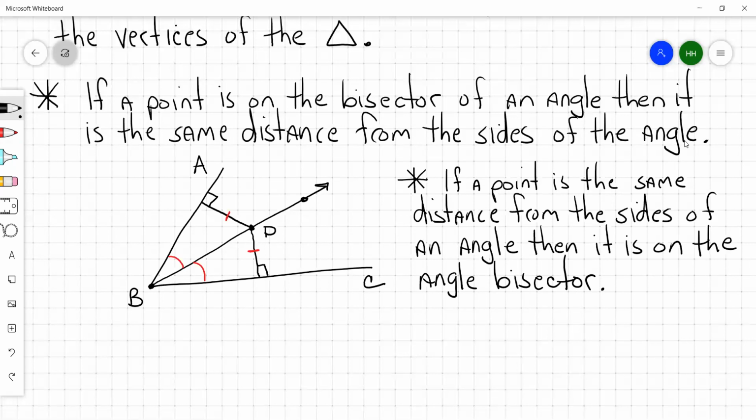So if you see a point on a ray and the point is the same distance from the sides of the angle, then you know that the two angles that the ray formed are congruent to each other.